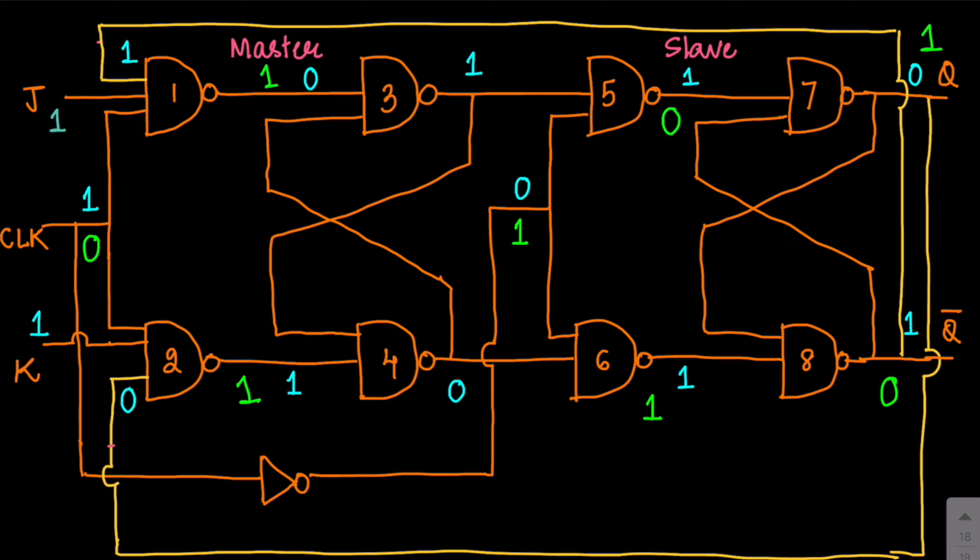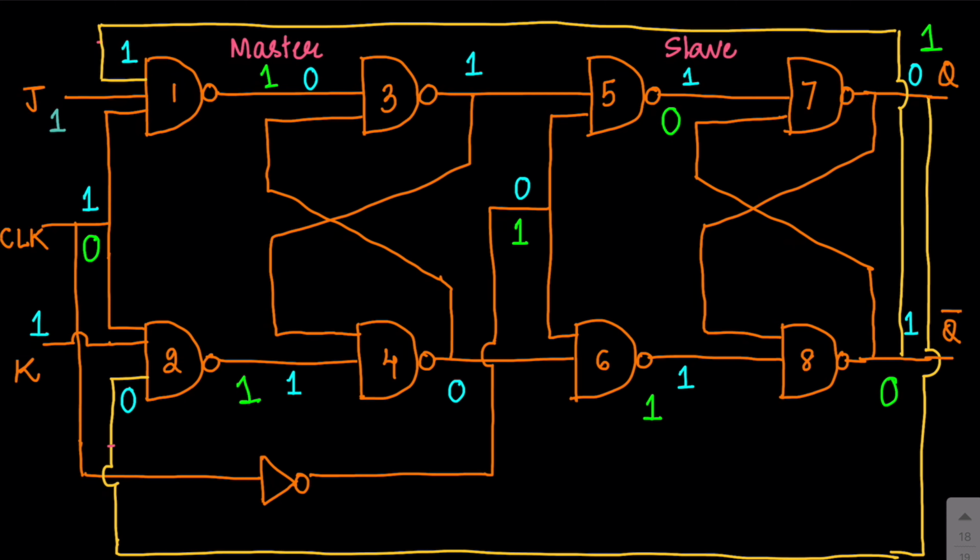Now in this case, you notice that your output toggles only once, no matter what the width of the clock is or what the delay of your flip-flop is. It does not matter, because when the master is active, the slave is not active. So even if the master is responding n number of times, the slave will not be affected.